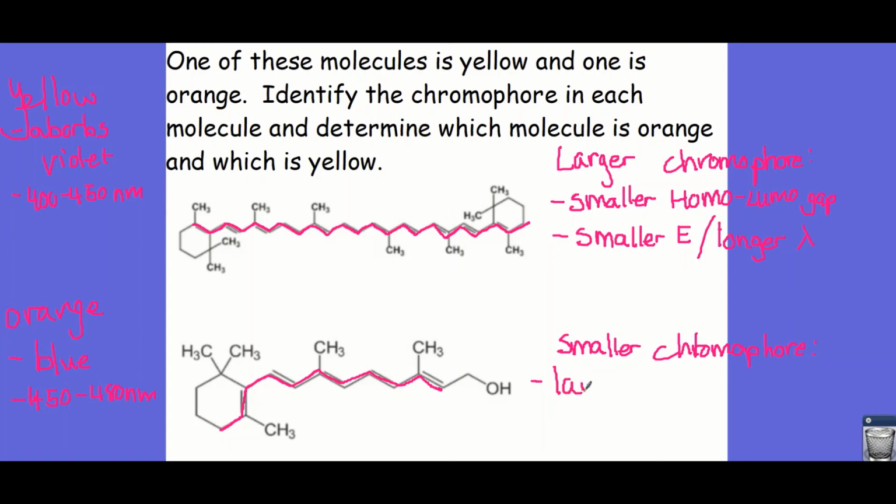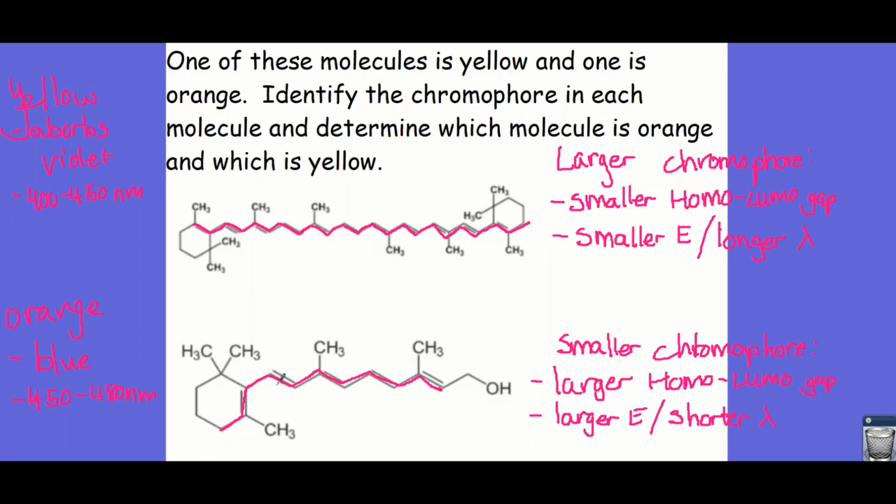So there will be a larger homo-lumo gap. And if there's a larger homo-lumo gap, there'll be a larger amount of energy required to promote an electron from HOMO to LUMO, and therefore a shorter wavelength.